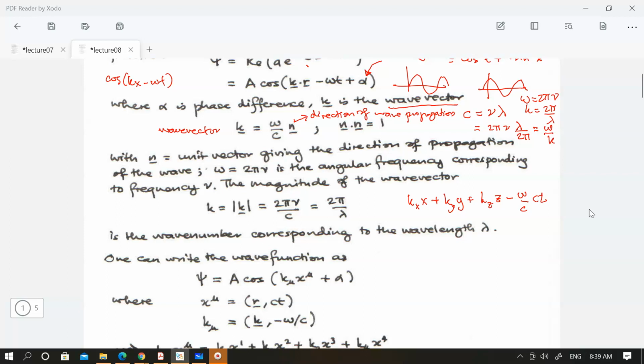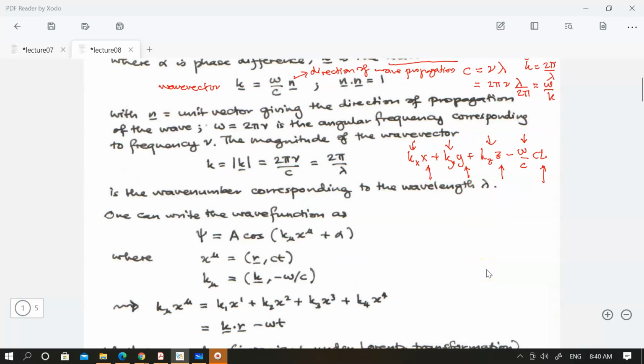Okay, so if these are the components of the vector in 4 dimensions, then this should also be components of your vector in 4 dimensions corresponding to your wave vector. So we define this wave vector here in this way.